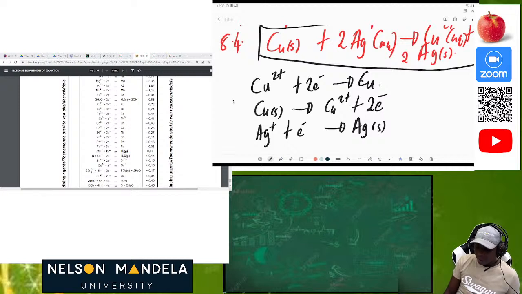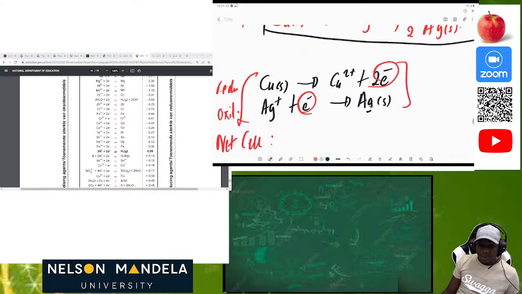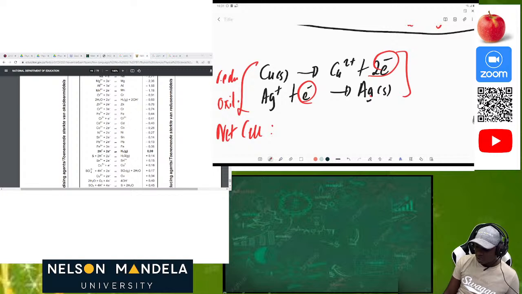Okay, so now we want the net cell. Now we have 2 electrons and we have 1 electron, so we must balance those electrons which are not balanced. How do we balance that? Since it's 1 and it's 2, we multiply by 1 here and by 2 here.